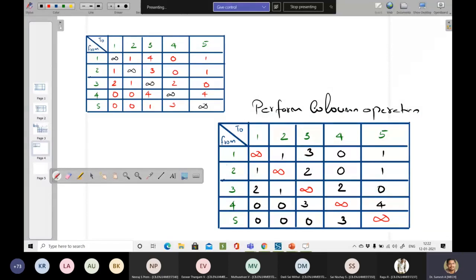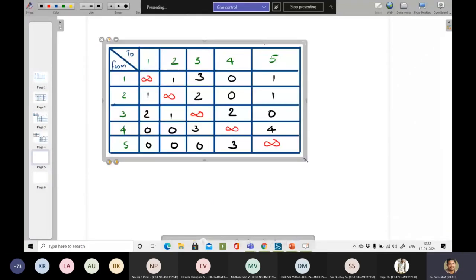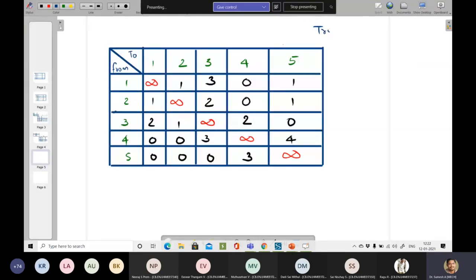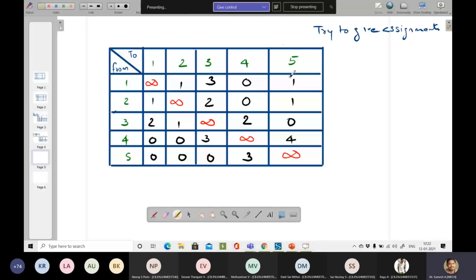So we'll try to give the assignments. Is the first row a single zero row? Yes. So you have to give the assignment over there.